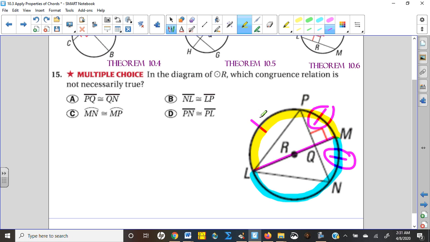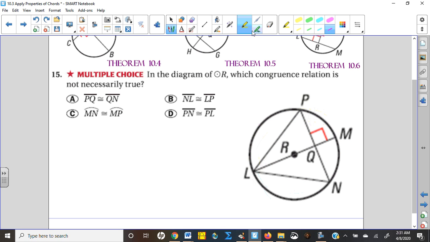So LP would have to be congruent to LN, and furthermore, because the arcs are congruent, the chords would have to be congruent based on theorem 10.3. So B would have to be true.